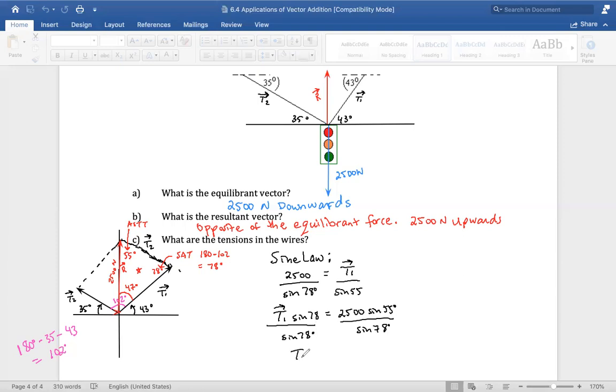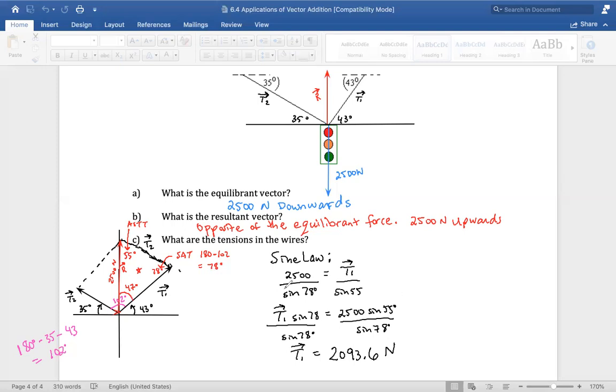And so my T1 vector is equal to, if you can do this all as one step on your calculator, that would be great, 2093.6. We're talking about tension, the force of the wire, and up above we were in newtons, because we had the 2500 listed in newtons as my force.